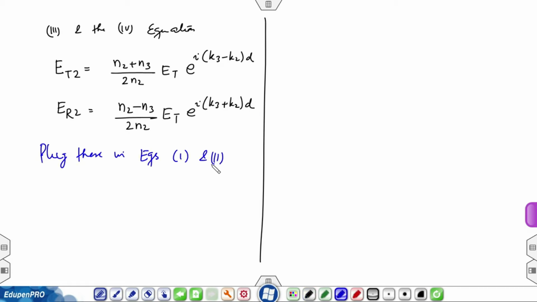And in equations 1 and 2, what I need is ET2 plus ER2 and ET2 minus ER2.